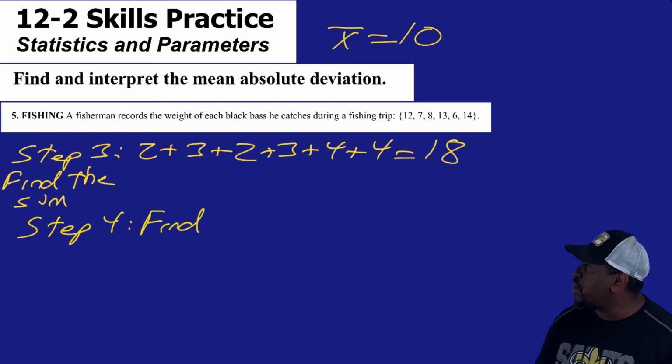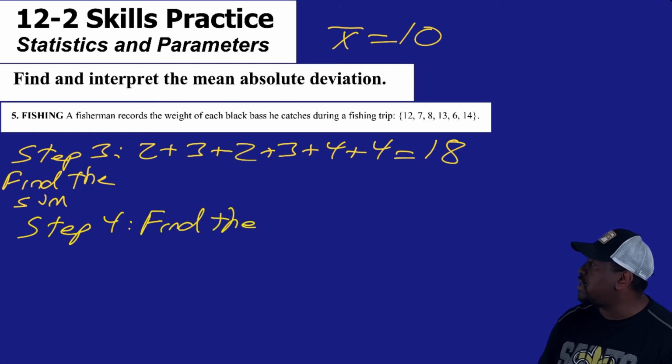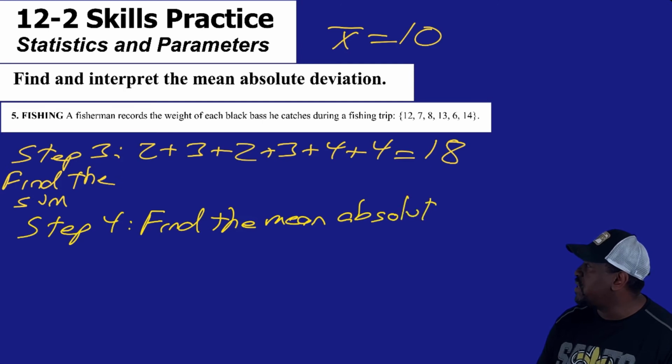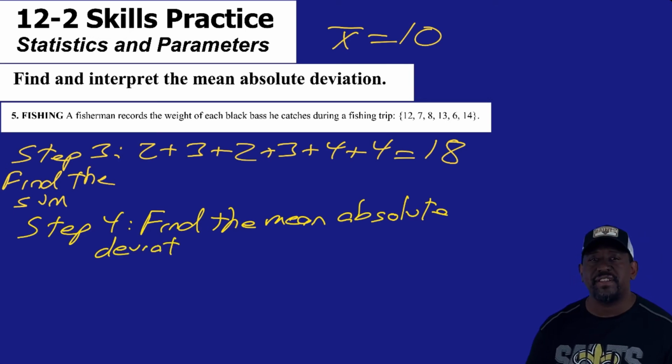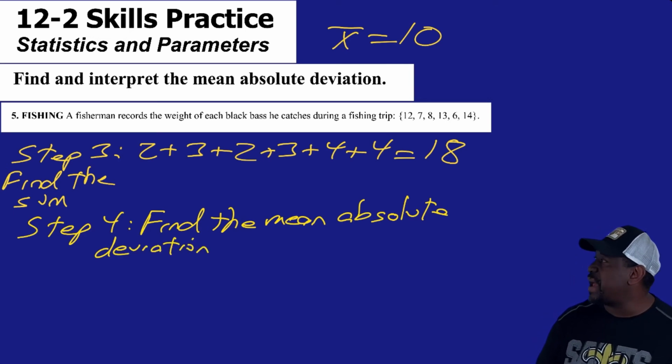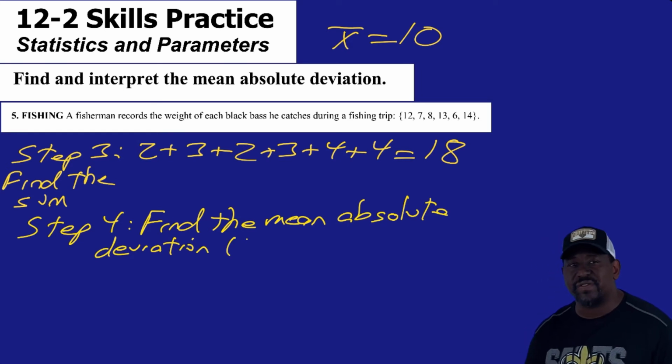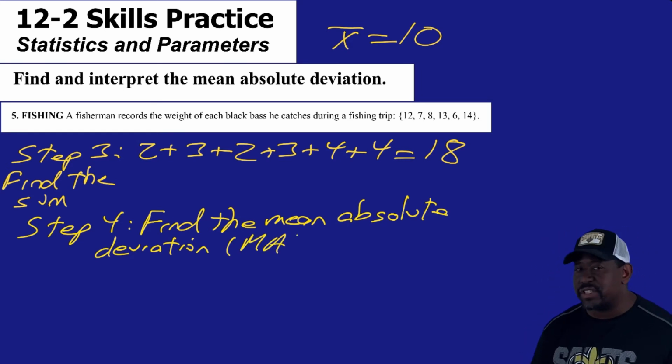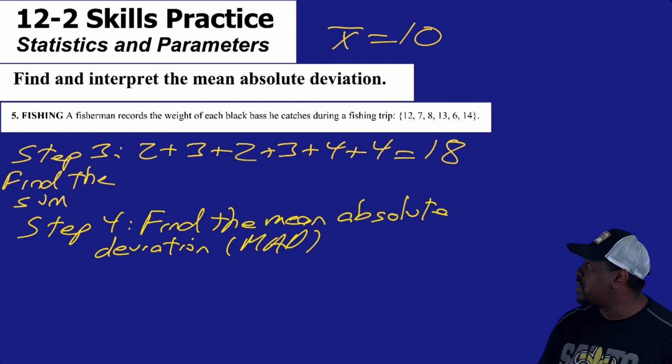Step 4 is we're going to find the mean absolute deviation. I believe that's what we're going to do; let's see what the NOLA Mathman does. So how do you get the mean absolute deviation from these differences and the average of the 6 samples?